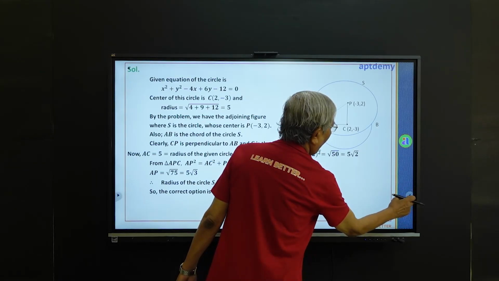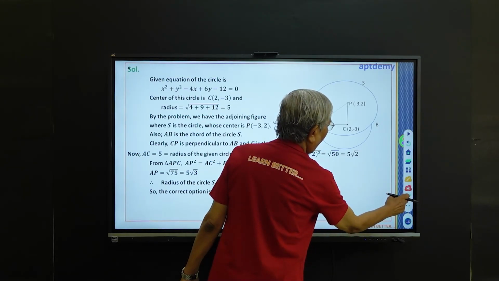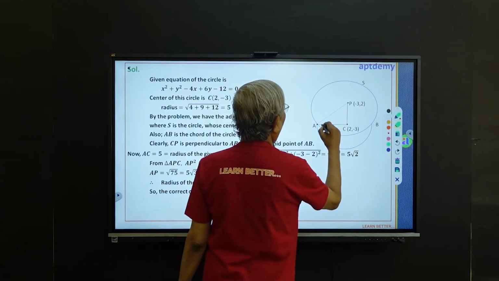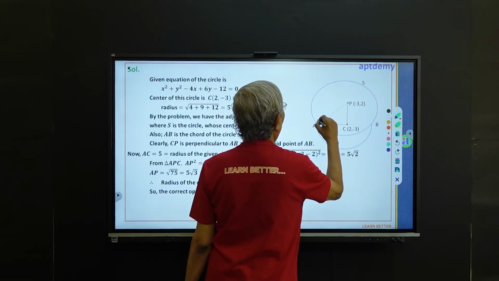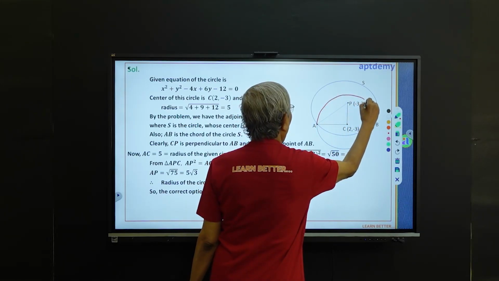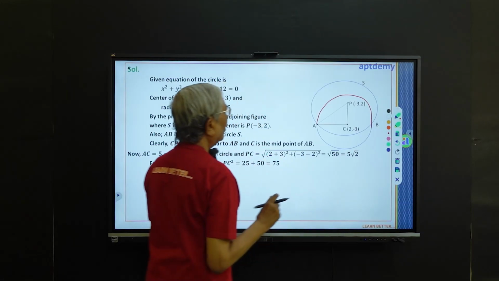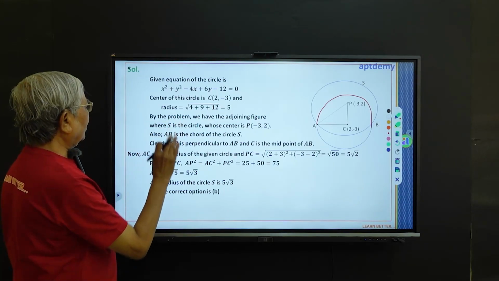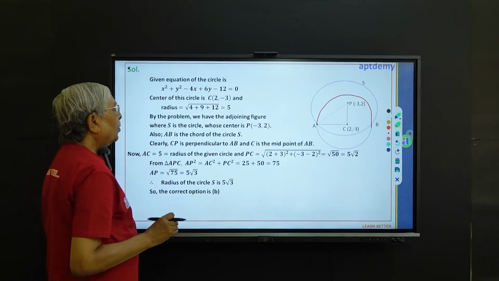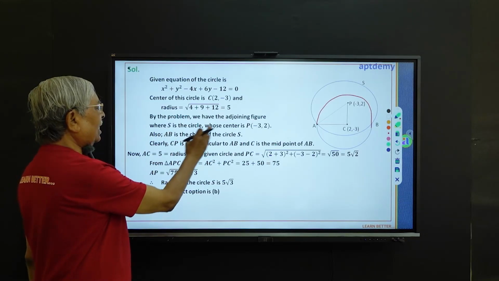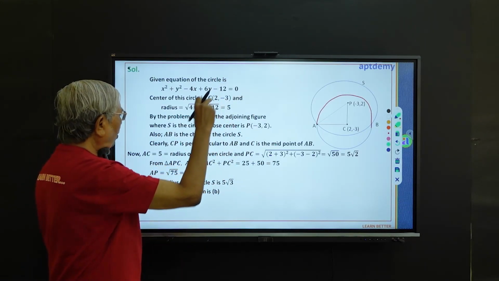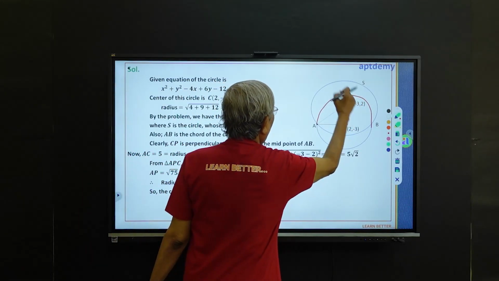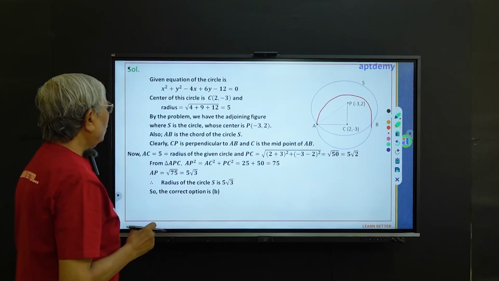Now, if you complete the figure, the center of the circle is 2, minus 3. Now by our problem, S is the circle whose center is minus c2, that is, the center of the circle is P minus c2.